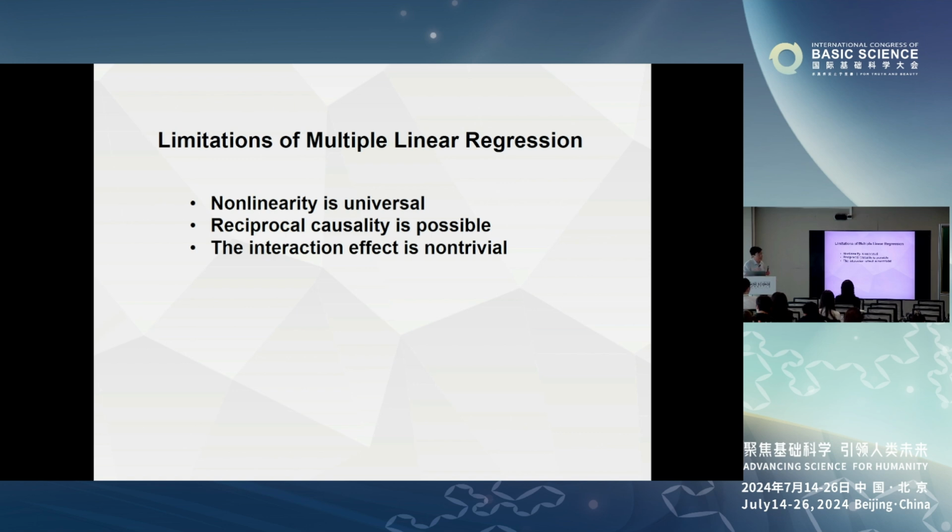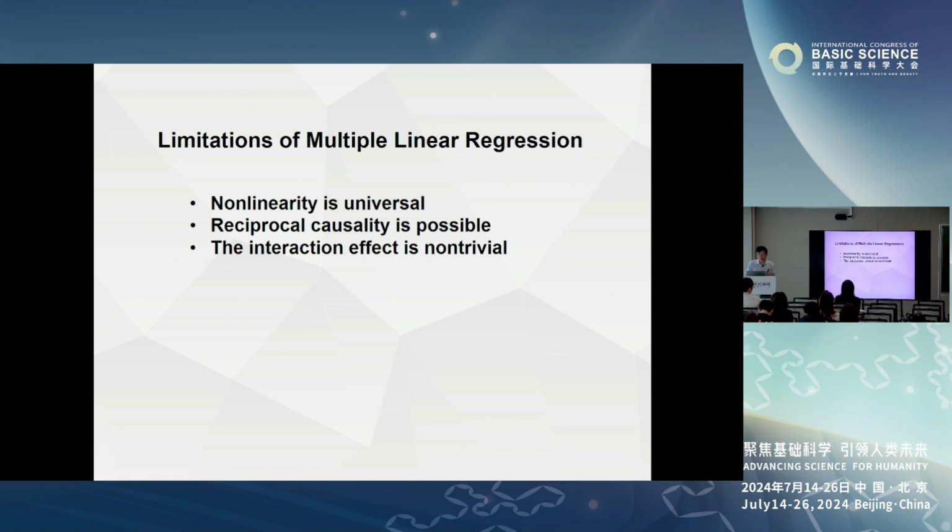Also, multiple regression has wide use in practice, but it has significant limitations. I think the first limitation is that it can only handle linearity. However, nonlinearity is universal in nature. In natural science and in social science, nonlinear relationships happen everywhere. And if you handle many variables, reciprocal causality is very possible.